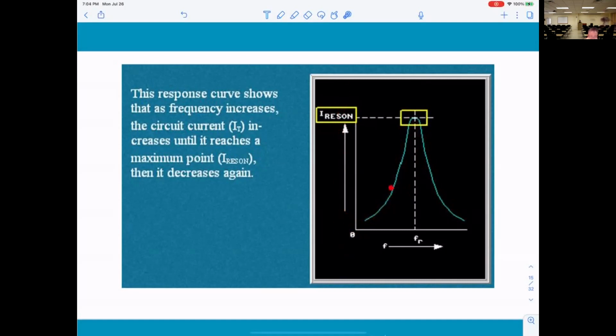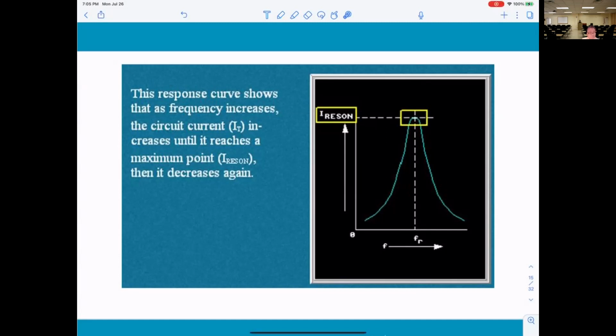So the current goes to the maximum at the resonant frequency. And after the resonant frequency, it goes down again. Okay. But think of this point here, you can get the effect of XL and XC, same thing on both sides.